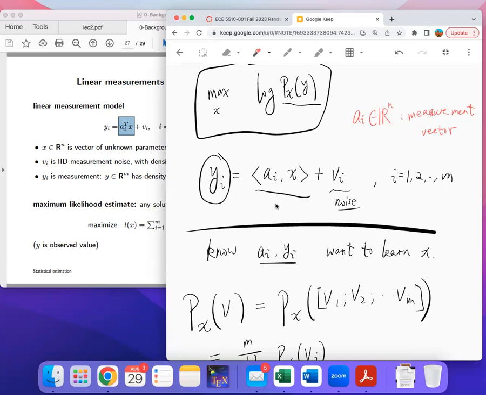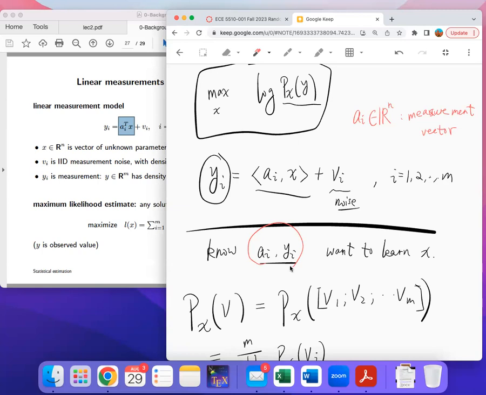So when you measure this object at a certain frequency, you will be using a specific Ai. That's why we assume Ai and Yi are known. We know the observations, and we know the measurement vectors.